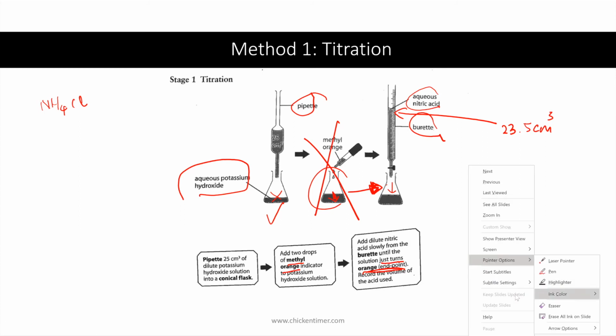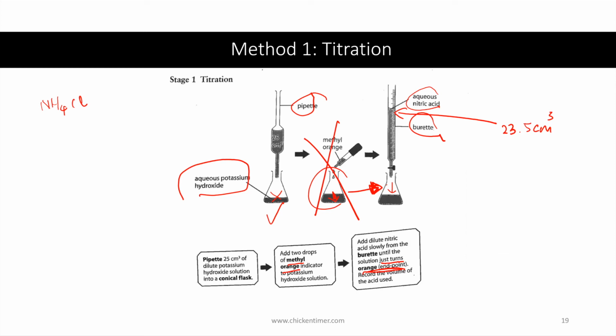Hydrochloric acid. Okay. So hydrochloric acid goes into which apparatus? In the burette. And the ammonium hydroxide in the pipette.